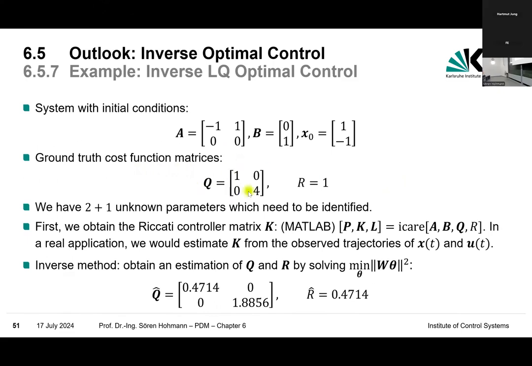Given a system, or given the ground truth. Ground truth means we as researchers know the truth, but our algorithm does not know Q and R. So our aim is to identify exactly Q and R built on measurements, right? And then we can compare whether we are good or not.